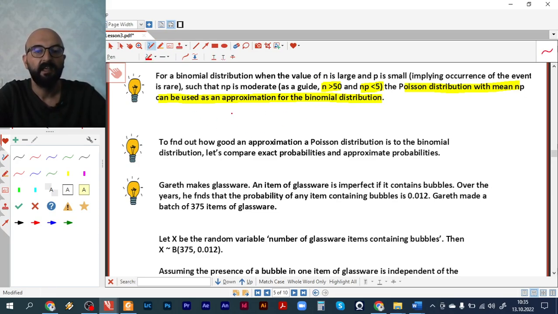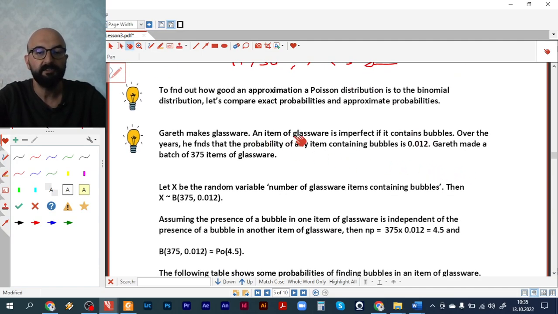As a guide, the number of trials should be greater than 50 and lambda less than 5.